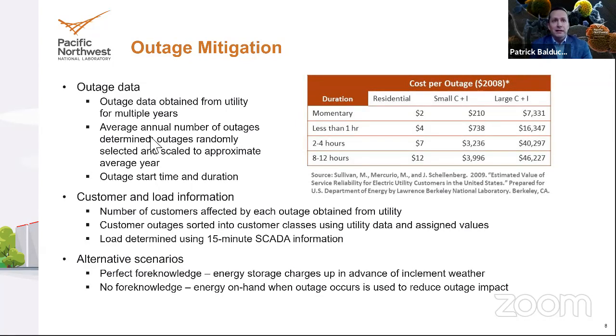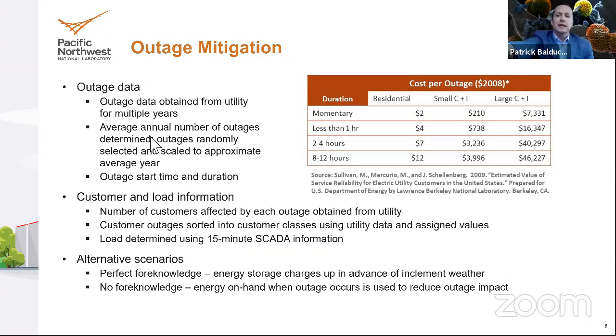We rely on interruption cost study statistics that are published by the Lawrence Berkeley National Laboratory. And we can assume multiple scenarios on either perfect foreknowledge or no foreknowledge whatsoever, and then basically define the value of energy storage on site for reducing the probability of an outage, and then the value of that to the customers that are affected.